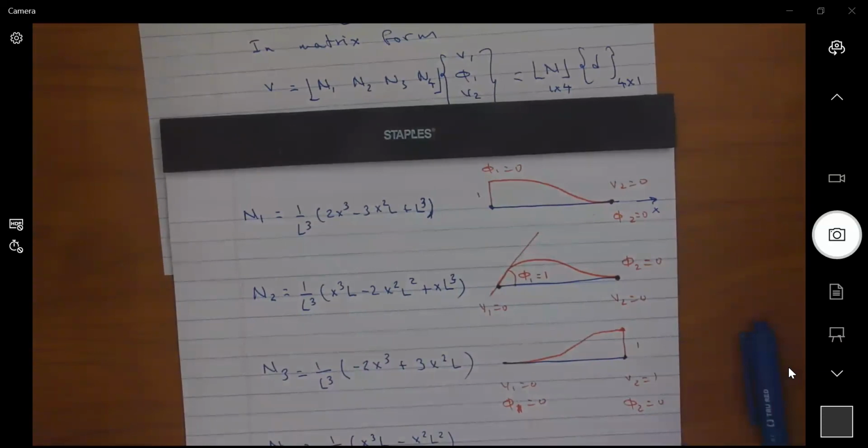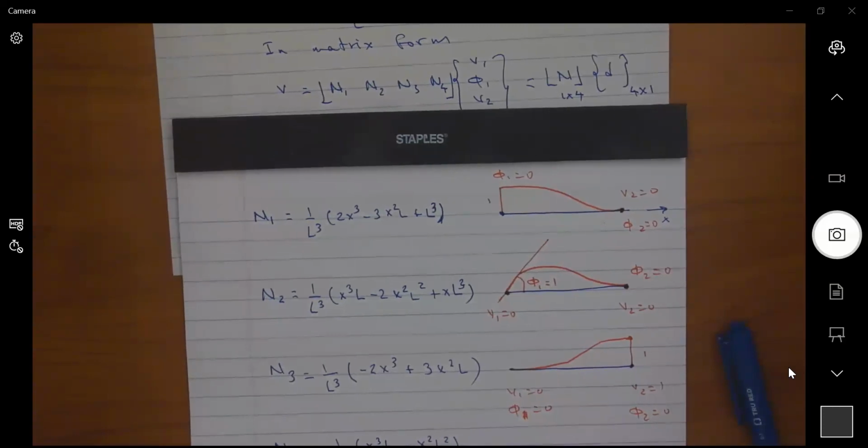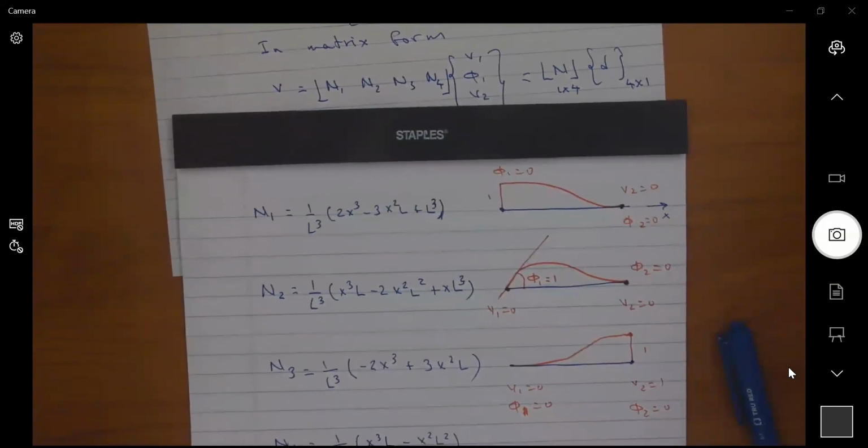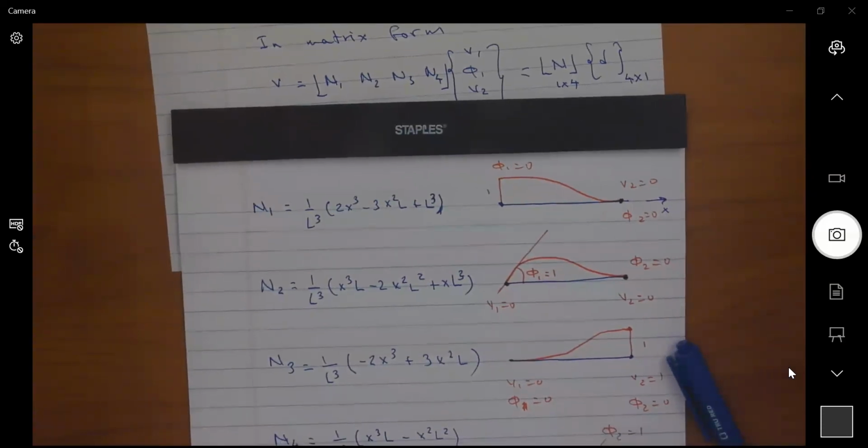At x equal L, I will also get a 0. So that tells us that v1 is a 0, v2 is a 0, phi1 must be a 0, but phi2 now is going to be equal to 1. So this is going to look like this, where this angle here, phi2, is equal to 1.